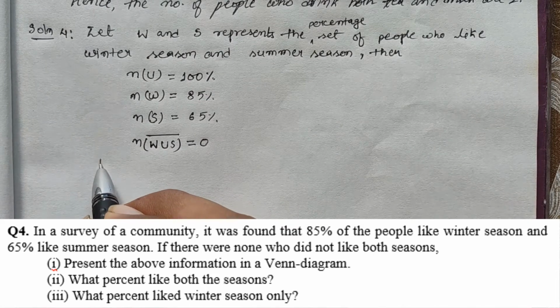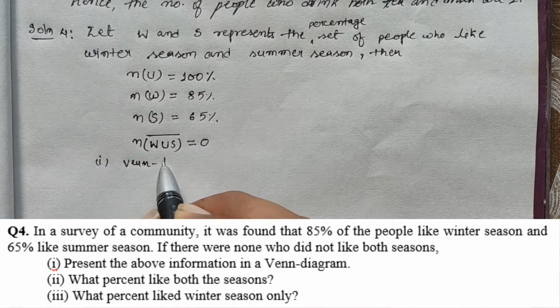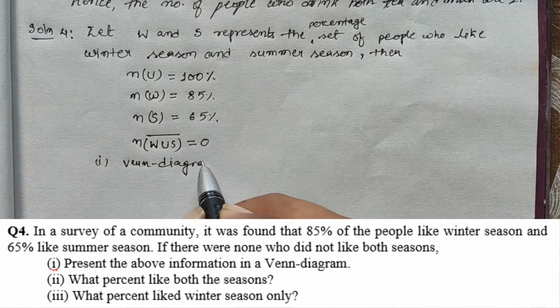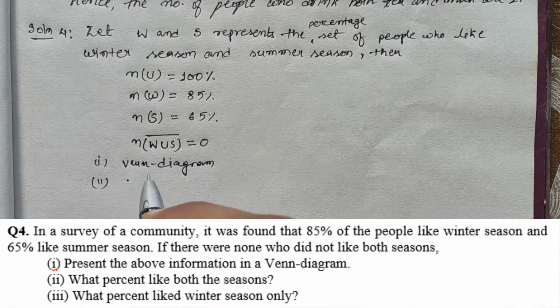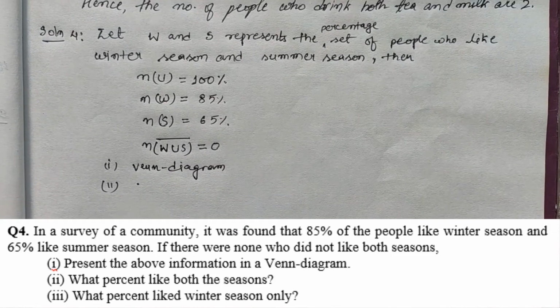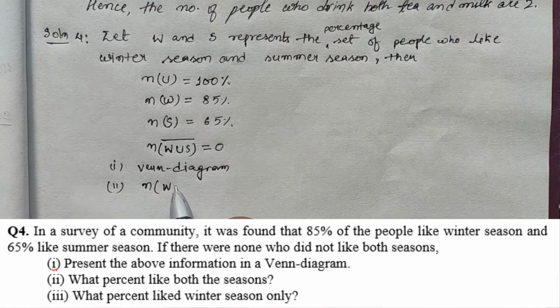In the first part you have to draw the Venn diagram. In the second you have to find what percent like both seasons. Both means you have to find the intersection part, so n(W intersection S) is equal to what?